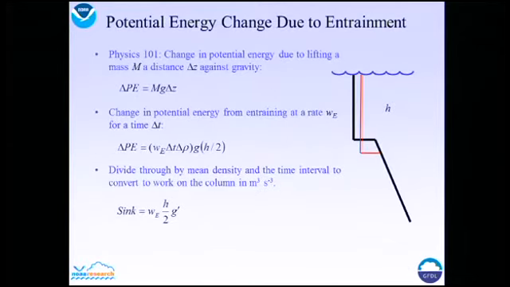And this basically comes back to your introductory physics course. The idea is we're looking at changes in potential energy. The change in potential energy from lifting a mass a distance delta z against gravity is something that you probably all know, which is just g times the mass times the distance that you move that mass. Pretty simple.